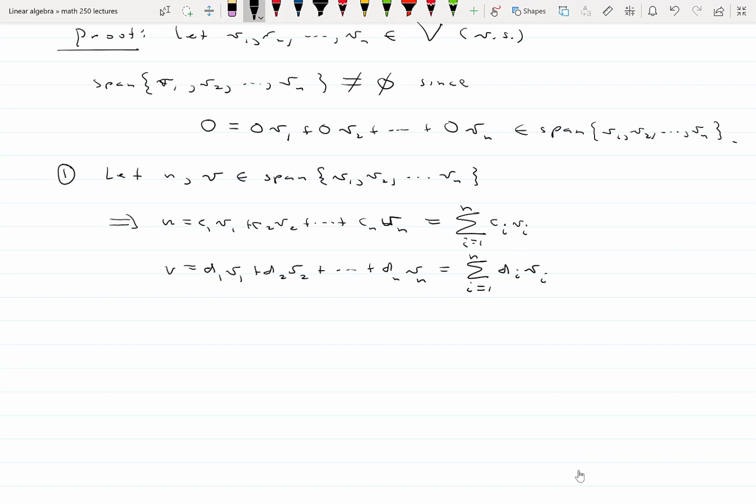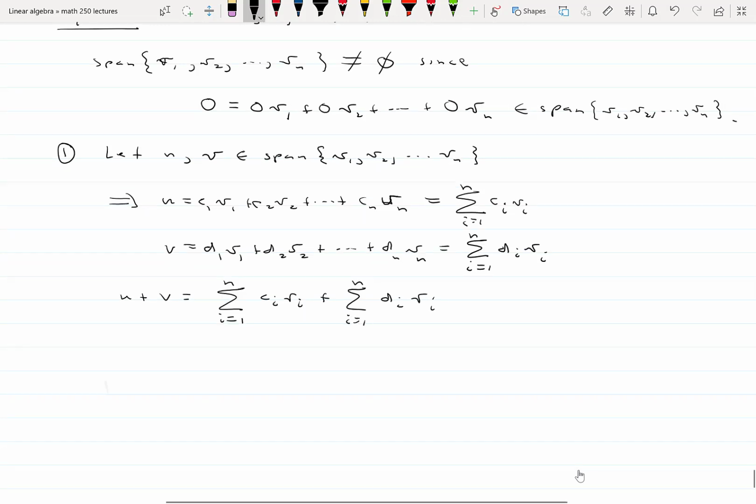Well, add u plus v. u plus v is nothing more than c1 plus d1 times v1, plus c2 plus d2 times v2, etc. I'm going to use the sigma notation to help us out. It's nothing more than the sum, i goes from 1 to n, of ci vi, plus the sum, i goes from 1 to n, of di vi.